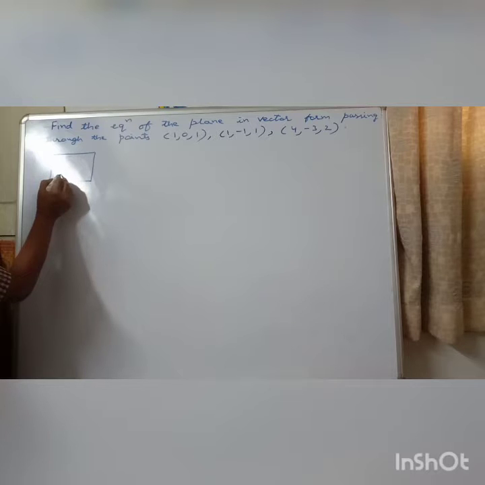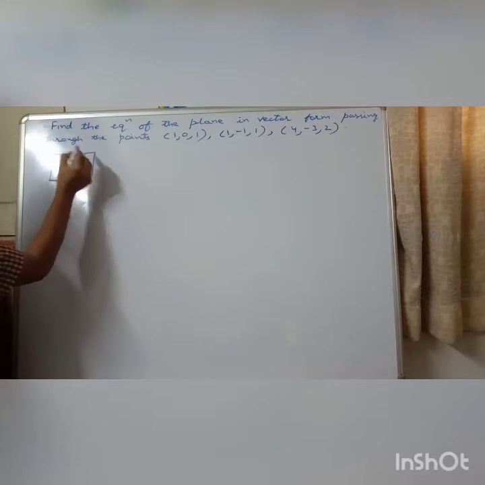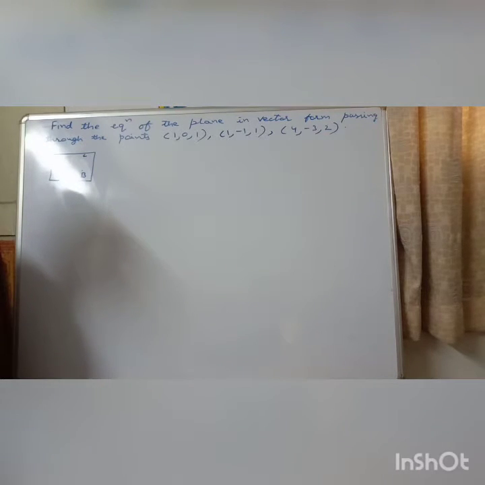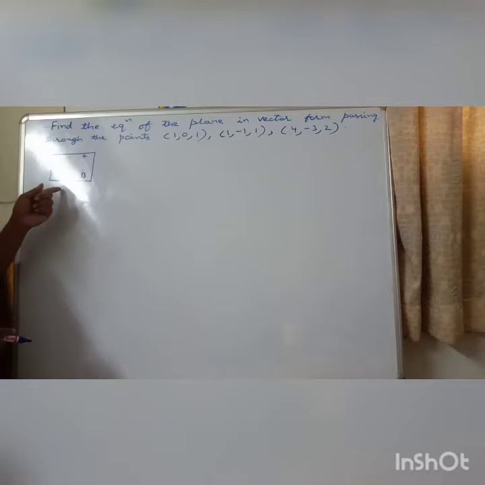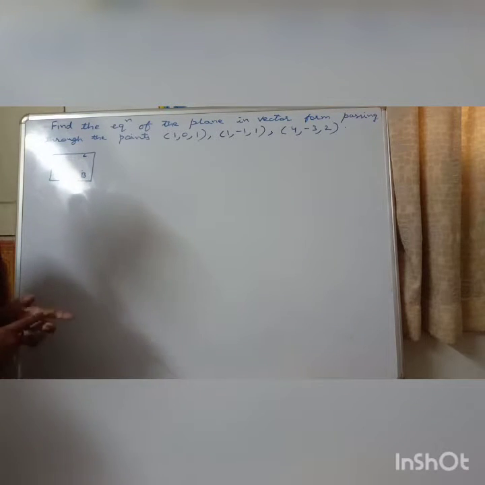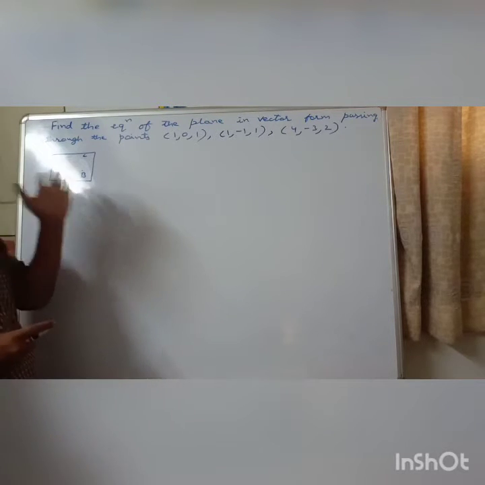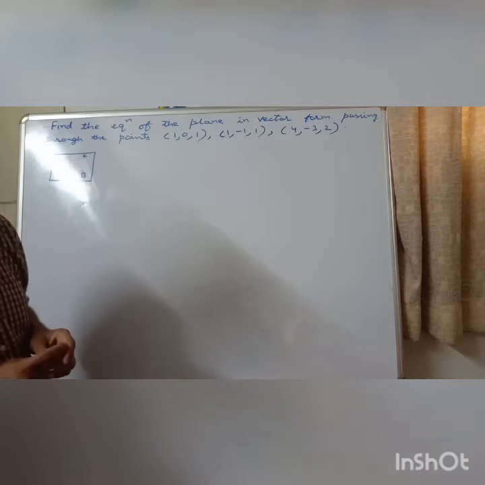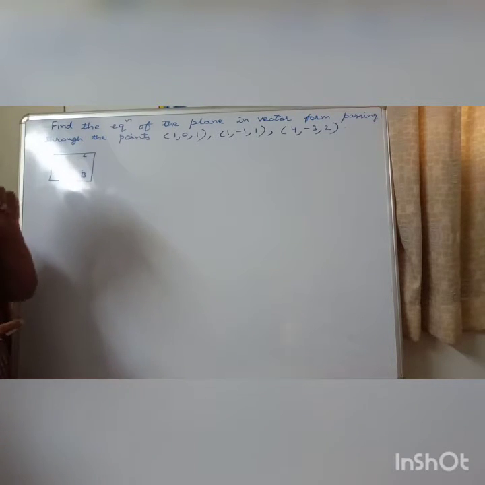Suppose these are the points A, B, C. In the previous example, position vectors of 3 points in the plane were given, and here coordinates of 3 points are given. So the solution for this is similar to the previous example.